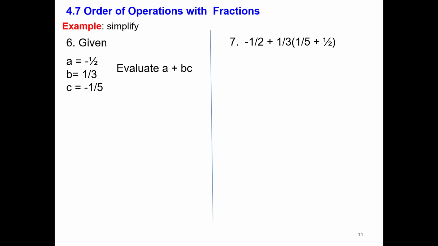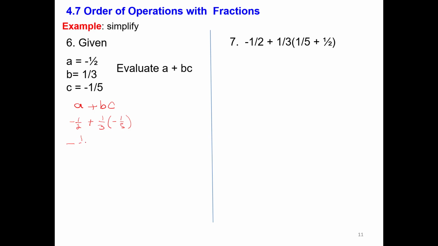Let's write the expression a plus b times c, and calculate it. a is -1/2, plus b, which is 1/3, times c, which is -1/5. Then we have addition and multiplication, and according to the order of operations, we multiply first, and then we add.